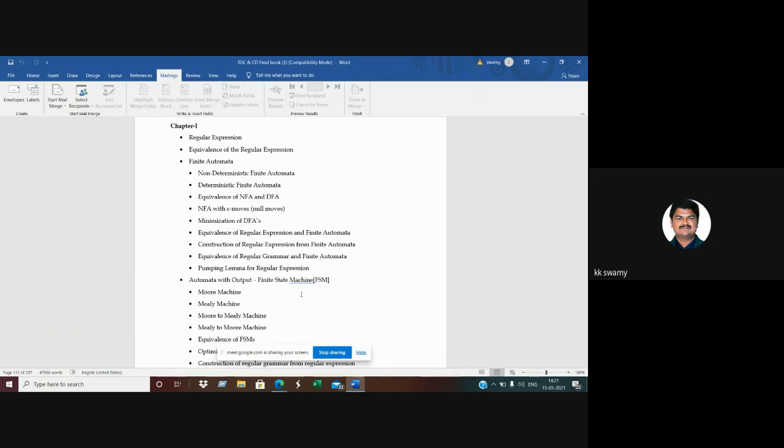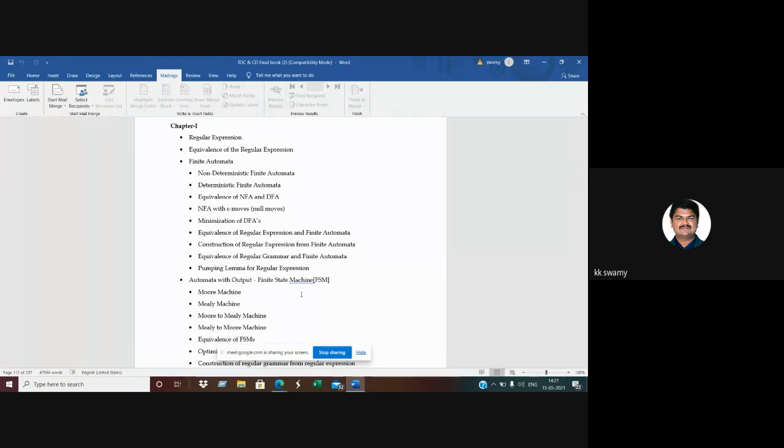Afterwards, the next module is context-free grammars and PDA. Then we have the pumping lemma concepts, that is, what is meant by context-free language and what is meant by regular language.